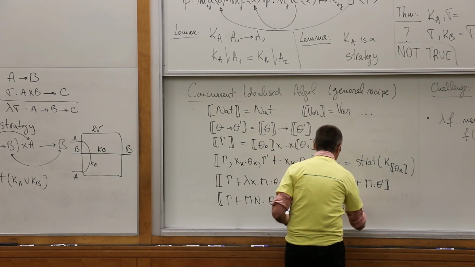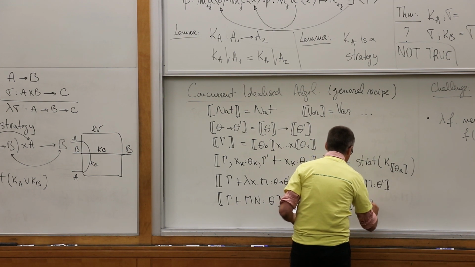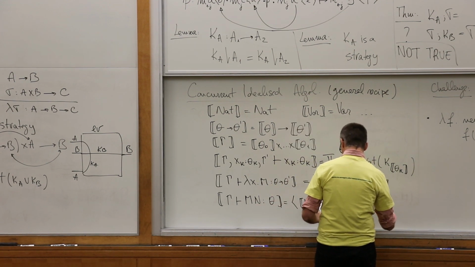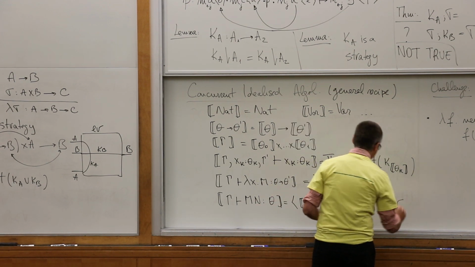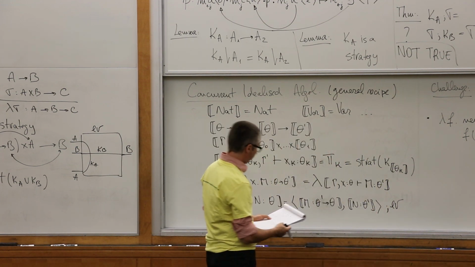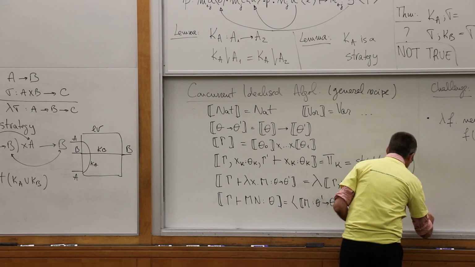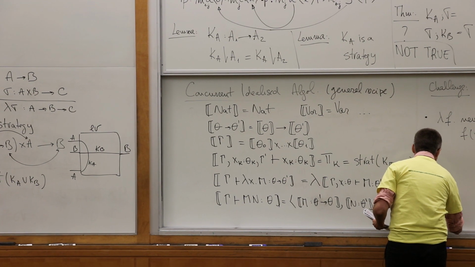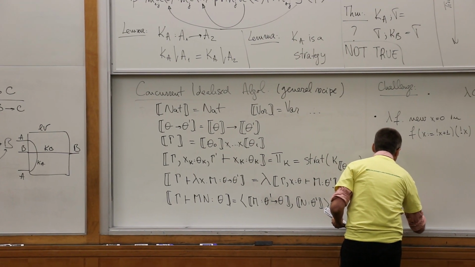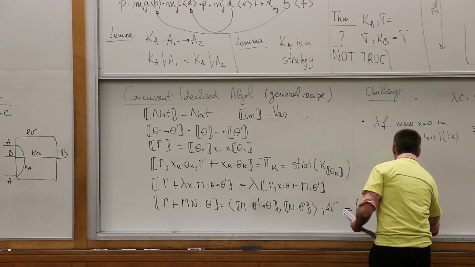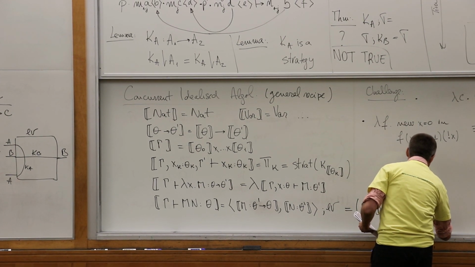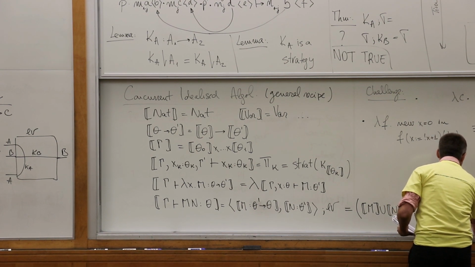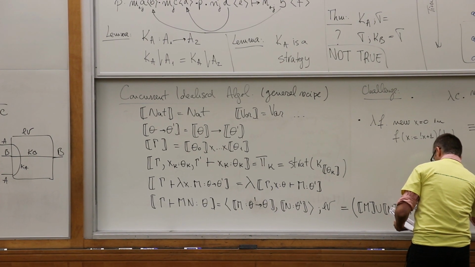N is of type theta prime. Composed with the evaluation morphism. And now to make it more concrete, how do we do it? So this is just the union of the two strategies and composed with a Lee strategy containing the identity at theta union the identity at theta prime.